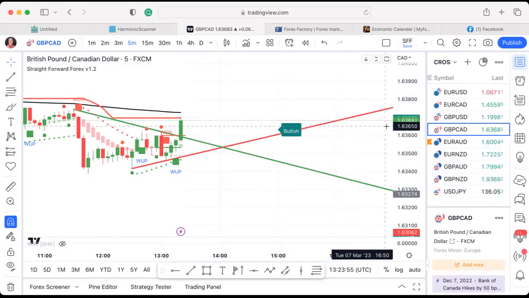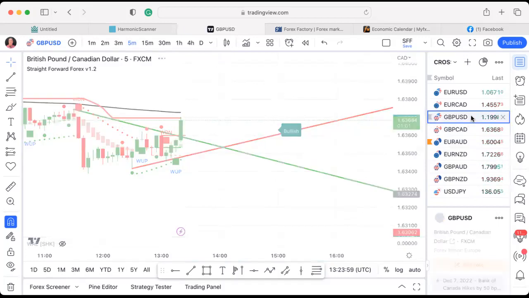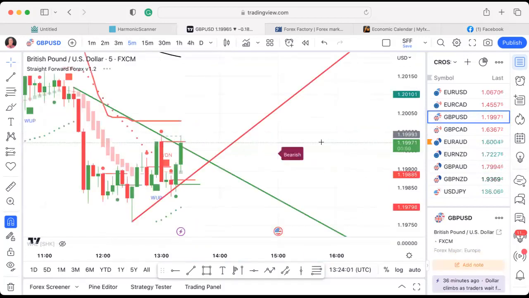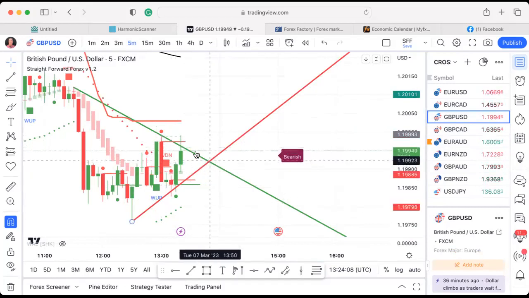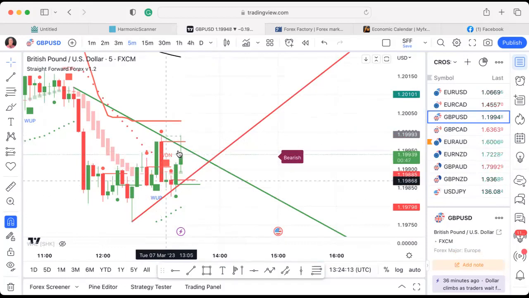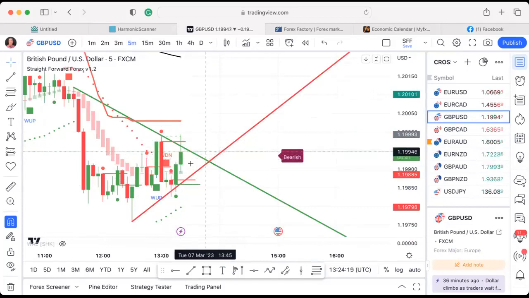Whilst I'm waiting for that candle to finish, I'm going to look at the other three pairs. So GBP US dollar, that is still in what I call no man's land. You see this wedge that's formed by the green line and the red line. Price is still within that area there, and I don't ever get into a trade when price is in no man's land.